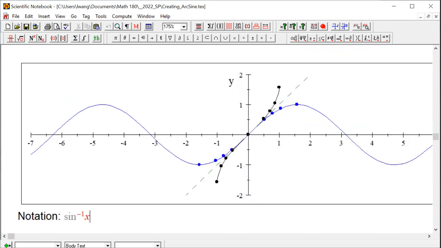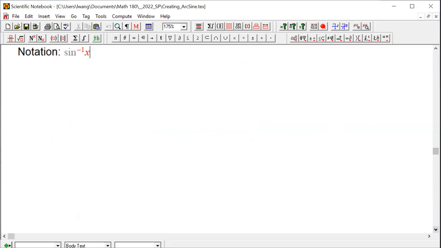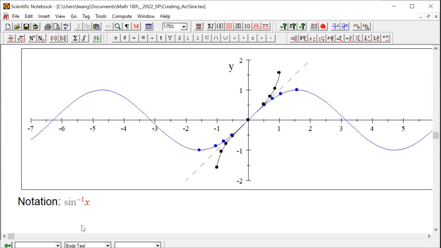Well, people read it as sine inverse, but it's really a misunderstanding. It should be read as ArcSine. So this is referring to ArcSine. They are the same. They're meant to be the same.